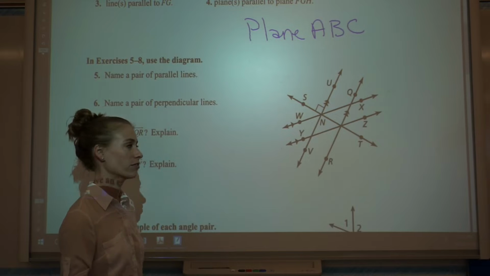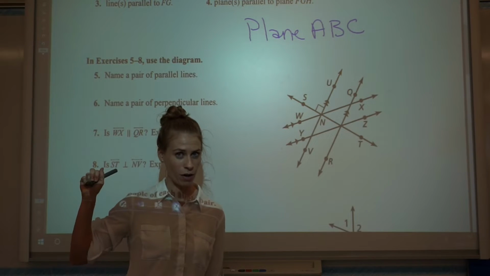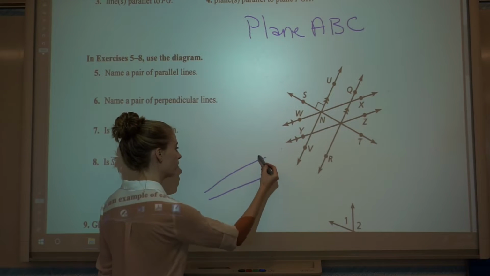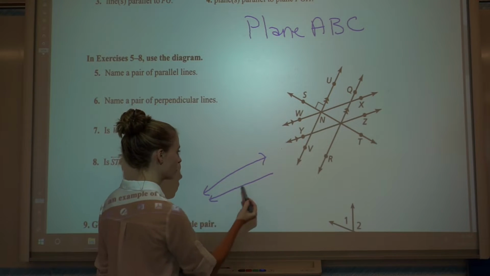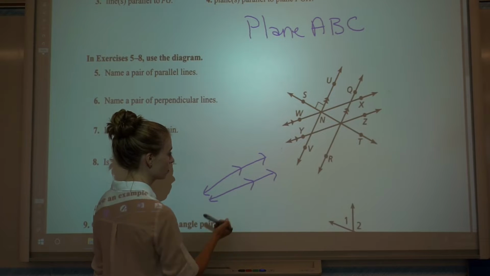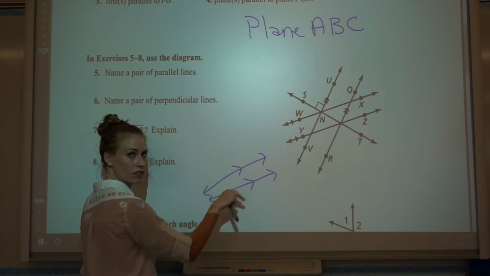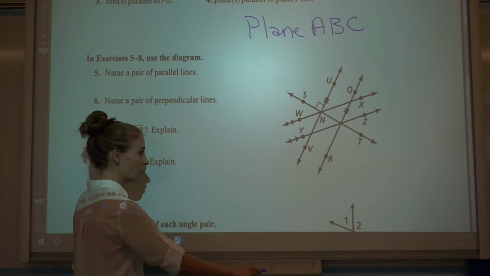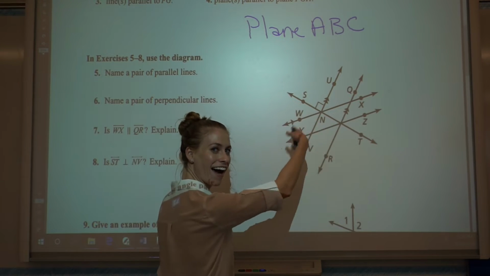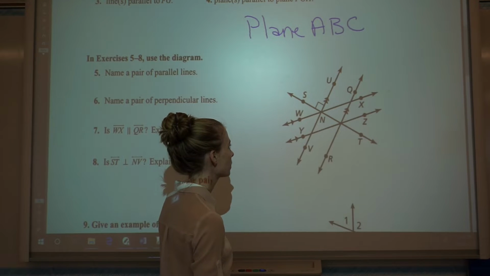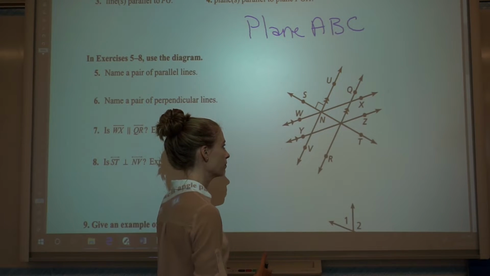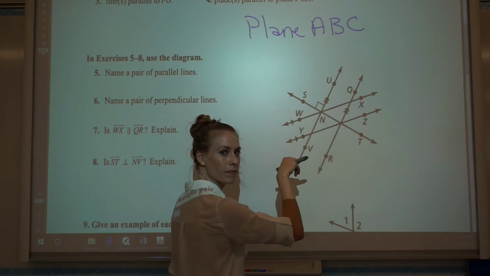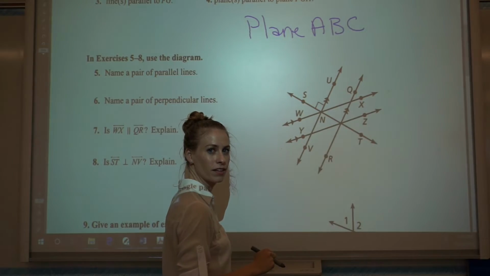Let's look at number 5. They're asking us to name a pair of parallel lines. Remember in your vocab I mentioned parallel lines are going to have arrows going in the same direction. So let's look over here. Do you see any two lines that have marks on them that indicate they're parallel?